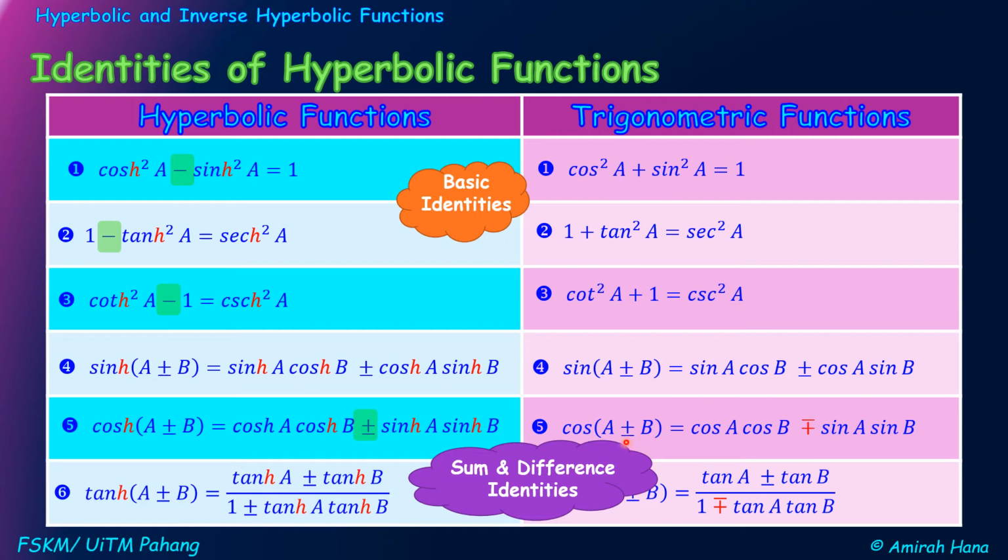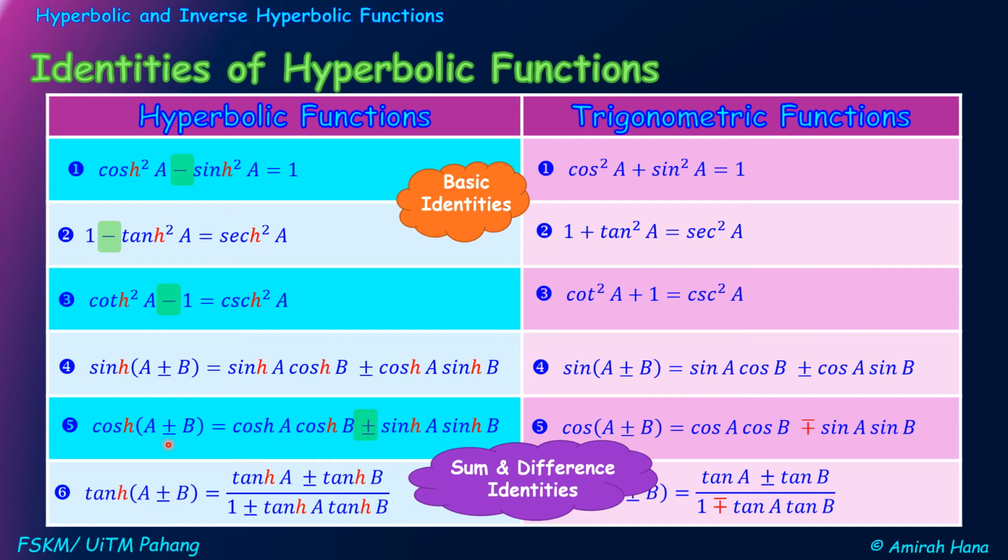When we use minus sign in the bracket, we must expand using plus sign. But under hyperbolic function, if we use plus sign in the bracket, when we expand we still use the same sign, meaning plus sign.